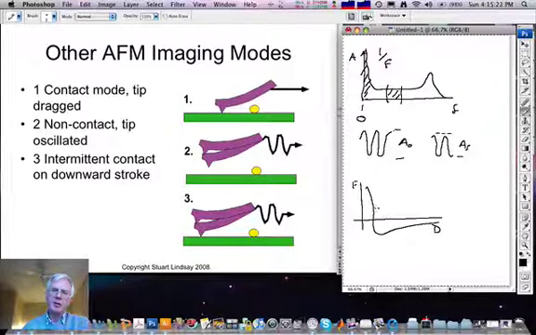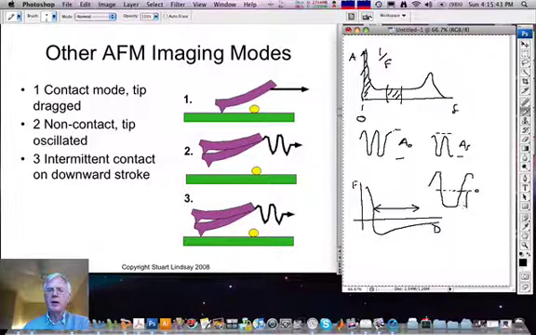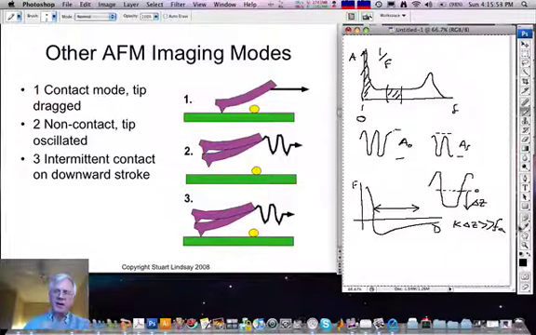In intermittent contact mode, one oscillates with such a large amplitude that when the probe hits the surface, so here is an oscillation versus time, hit the surface, and I'll just show that oscillation flattened out because of hitting the surface, the deflection of the probe from the equilibrium point delta z is so large that k delta z is much greater than any adhesion force. The result is that then on the downswing, the probe will simply be pulled out of adhesion.